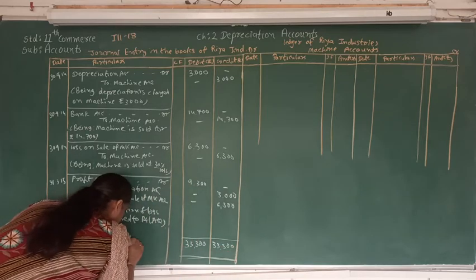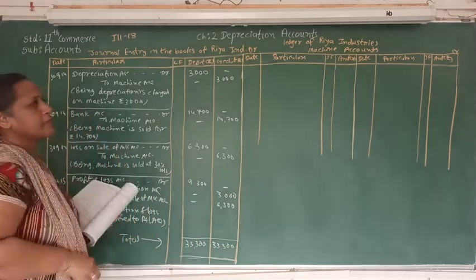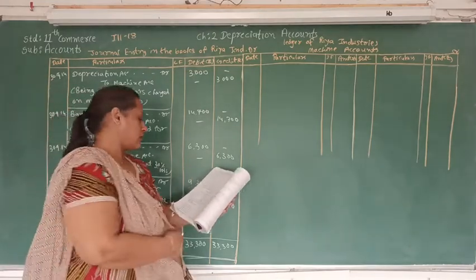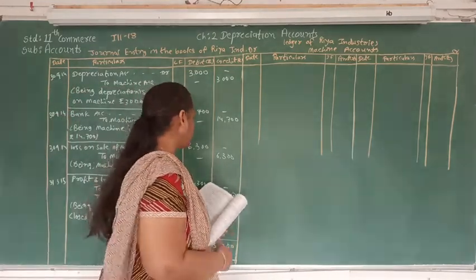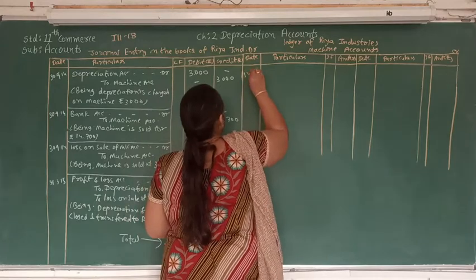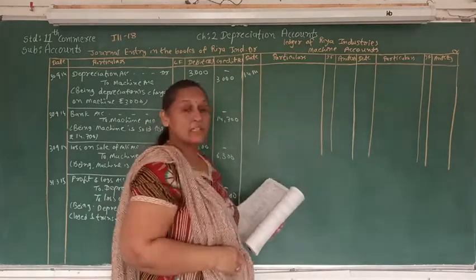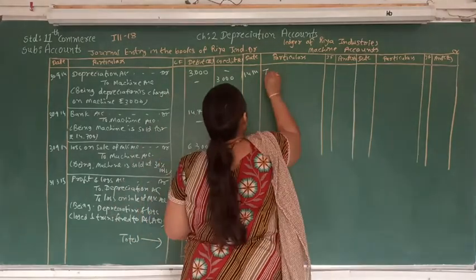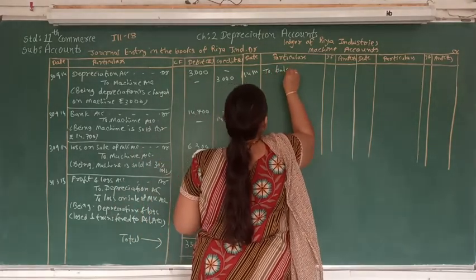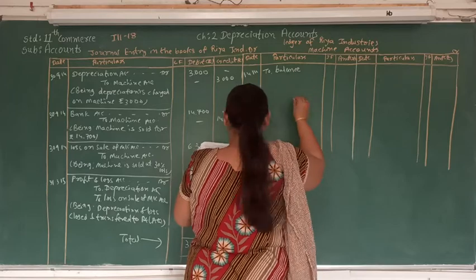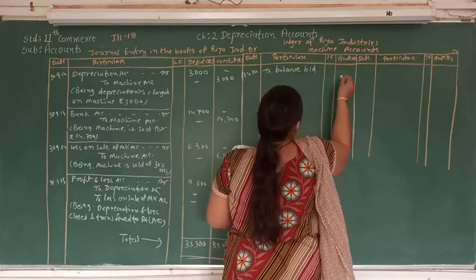Total. Now let's prepare the machine account. For preparing the machine account, as we know, the balance of the machine account on 1/4/14 is given in the sum, that is to balance brought down 24,000.